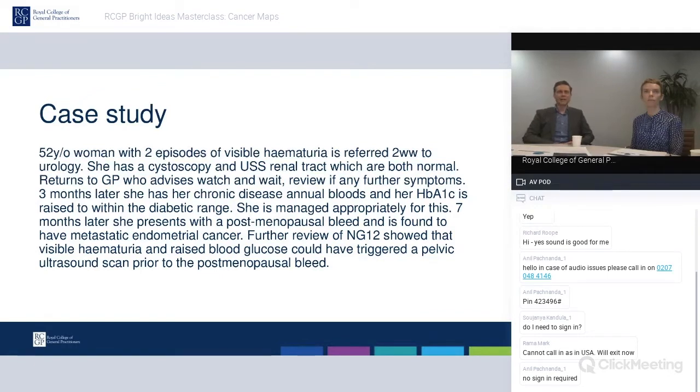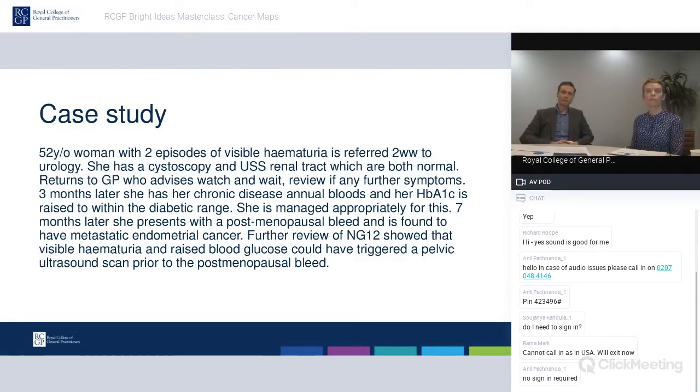We'll say she's got a bit of hypertension, and in 3 months' time, she has her chronic disease bloods, which show that her HbA1c is raised. She's given some dietary advice, and eventually goes on to have some metformin. 7 months after this, she presents with a postmenopausal bleed. She's referred, and it's found she has metastatic endometrial cancer.